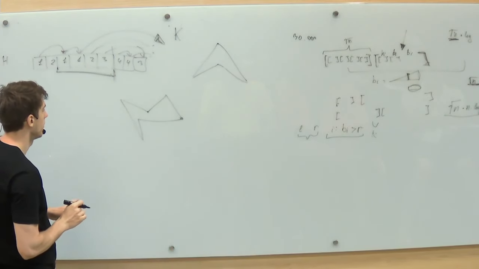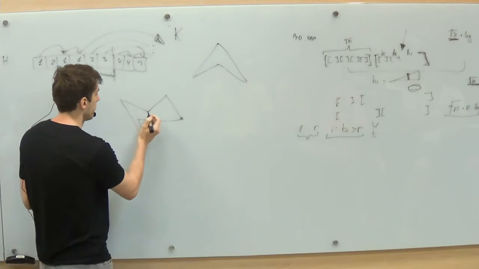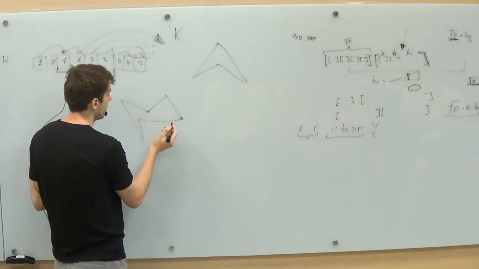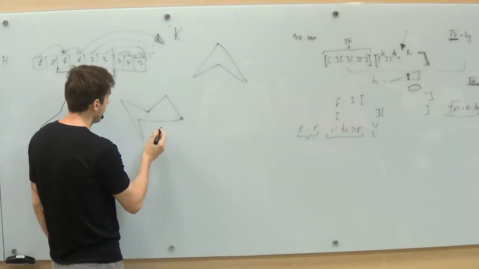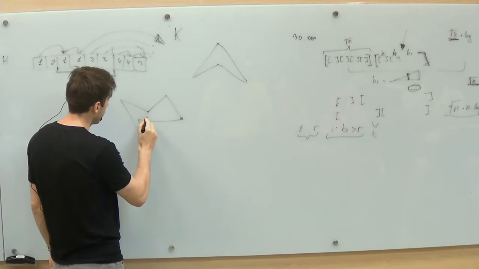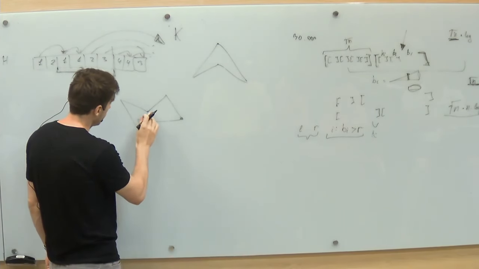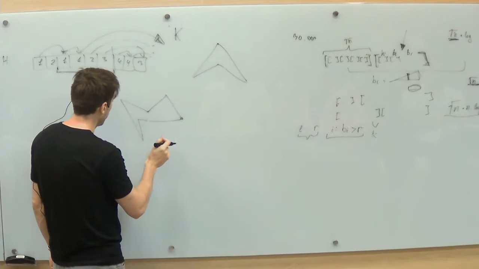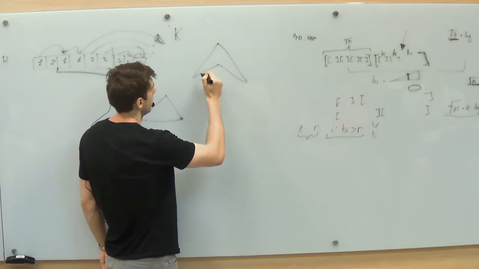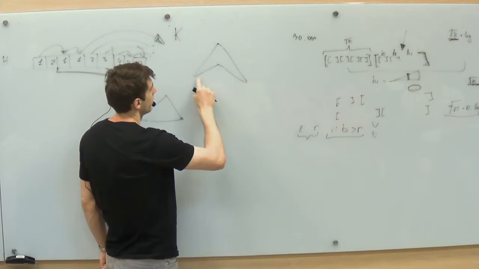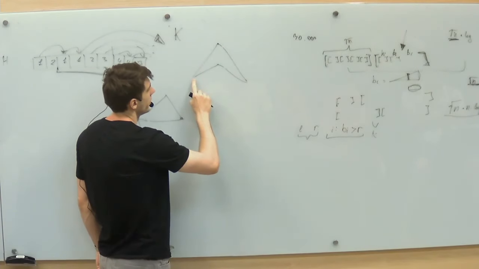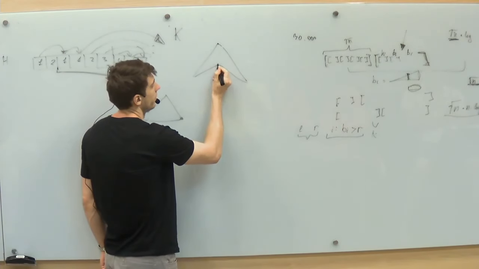It is just considering several cases. The main case is that, for example, for this triangle, it is clearly not good because it has a vertex inside.